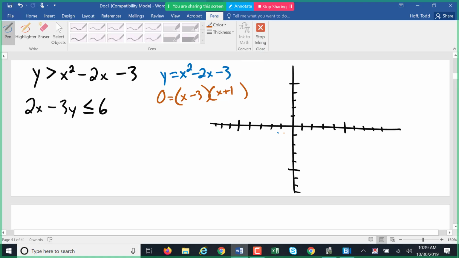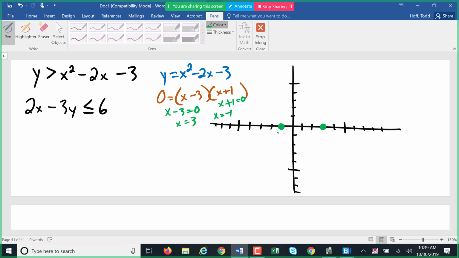Solving each of those, x minus 3 equals 0 gives us that x equals 3. Positive 3 here. x plus 1 equals 0 tells us x equals negative 1, so right here. Our axis of symmetry then would be exactly between them at x equals 1.